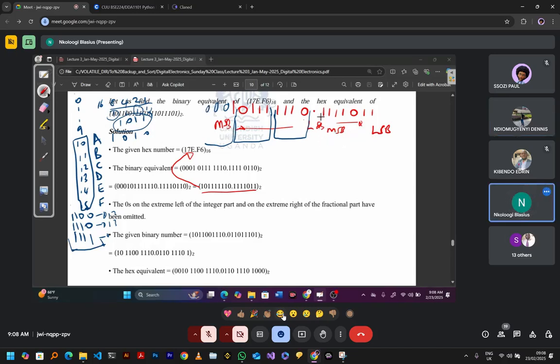Then we move on to the fraction part. Start here and end here. This other one, you start here and end here, but it is lacking 1 bit. So we have to add another 0, like that. So our new number is now this.